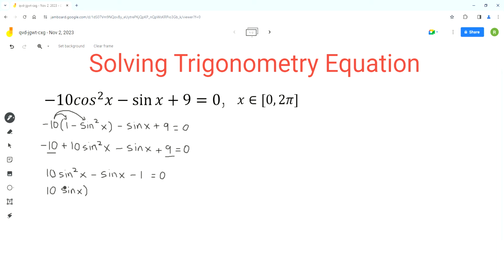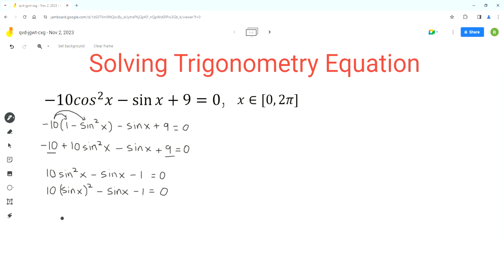Some teachers also use the substitution method to replace the trig ratio with another variable, but the idea is the same, that we have to solve the quadratic equation. So as you may know, there are two ways to solve a quadratic equation. We can either factor it or use the quadratic formula. Now we cannot factor this equation, so we'll have to use the quadratic formula.